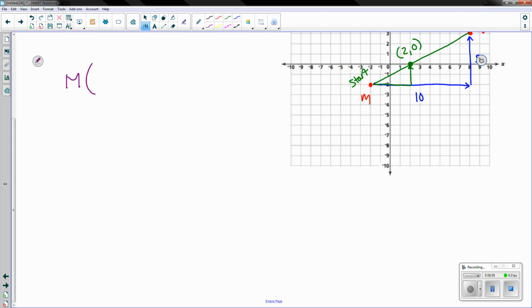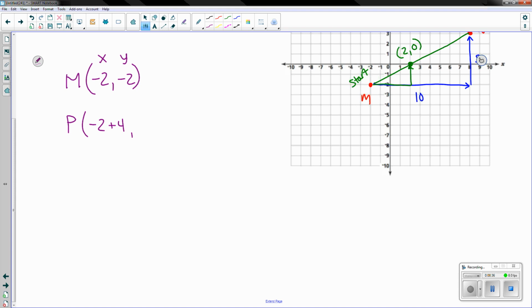So M was -2, -2. And we know from M, we have to go 4 units to the right and 2 units up. If I want to move left or right, that is a horizontal movement, and therefore I'm going to alter my x-coordinate. And if I want to move up or down, vertical movement, I'm going to alter my y-coordinate. So to get to P, we said to move right, we should add.